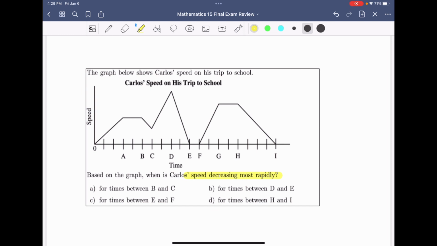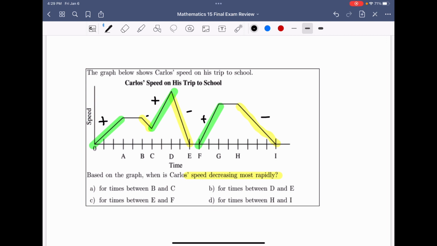So in the green here, I'm going to talk about all the areas where he's increasing speed. Increasing speed, increasing speed, increasing speed. But then he is decreasing speed at all the yellow pieces here. These are seen as negatives, which I'll put here. Negative, negative, negative. The greens are all the positives. He is increasing speed.